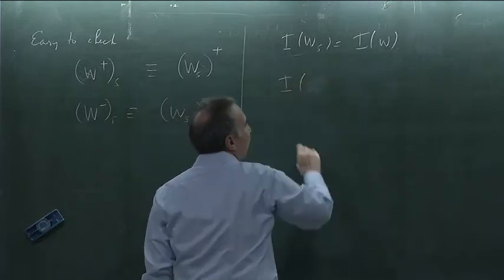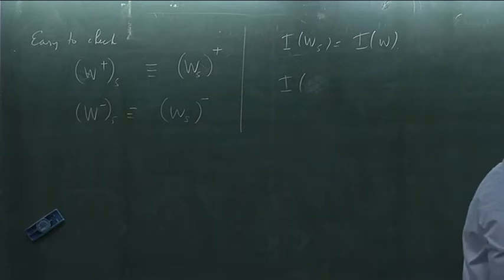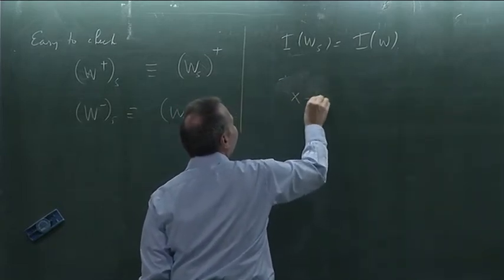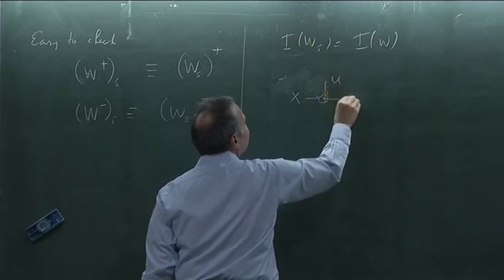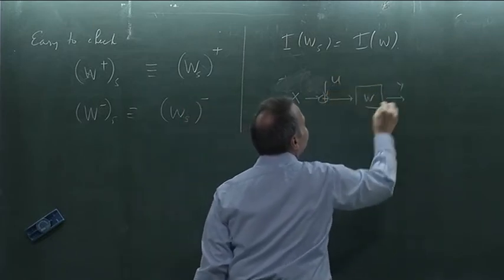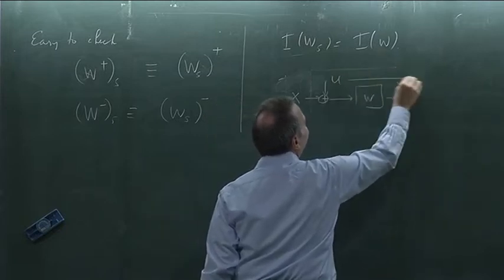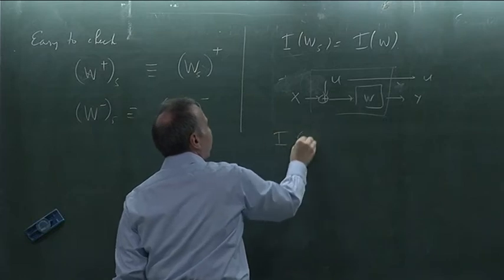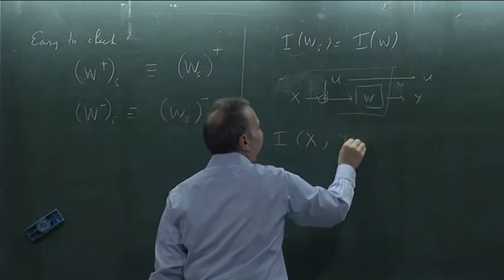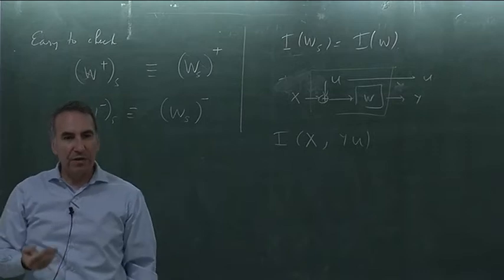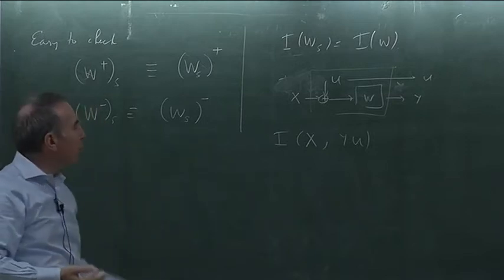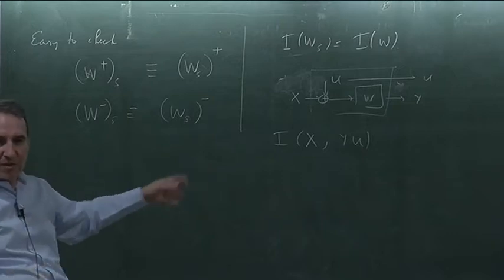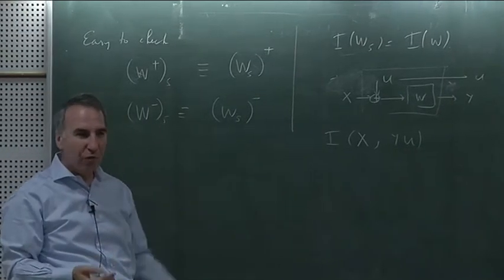If you take a look at the mutual information between the input to the symmetric channel, we had X, U, W, Y, and U like this. You need to compute the mutual information between X and (Y, U) when X is equal to 0 or 1. That's I of W_S, which means that you use the channel W_S with a uniform distribution.